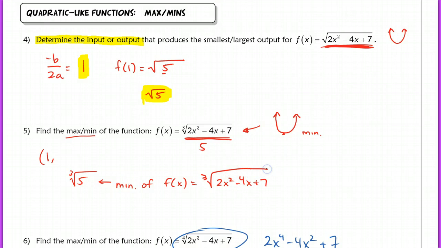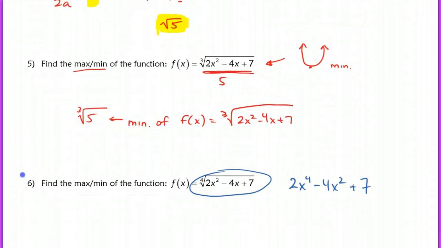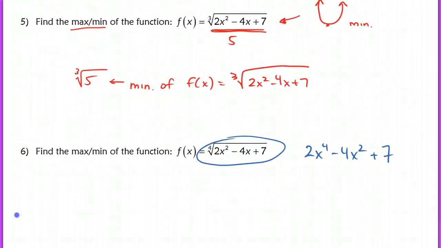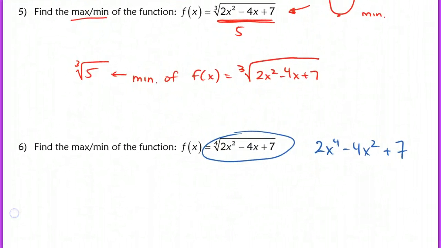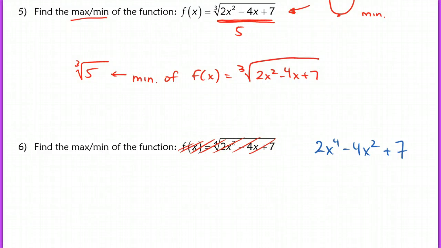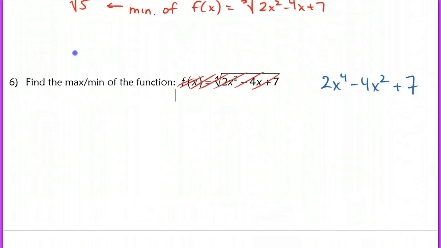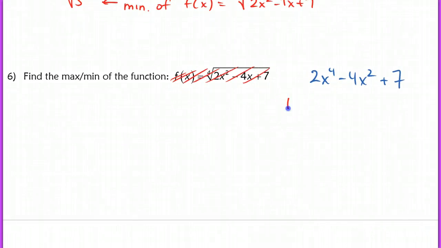Okay, so now I'm going to treat this last problem as if we didn't know what the minimum and the maximum was. For this problem, which is no longer here, I look at it and say, okay, if I were to let t equal x squared, then that new function is 2t squared minus 4t plus 7.